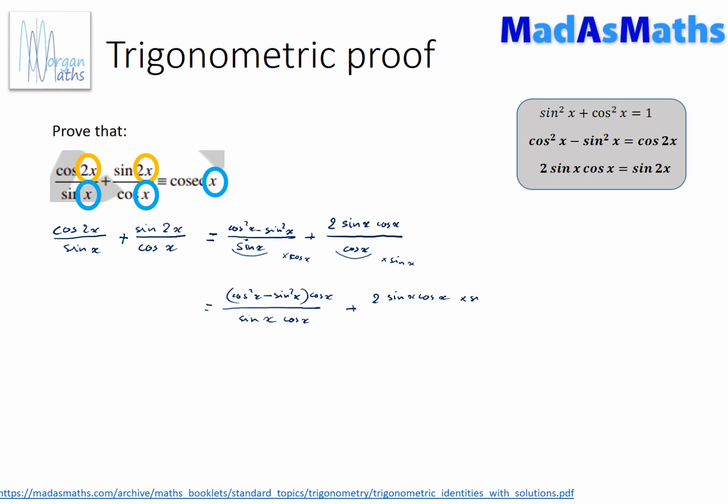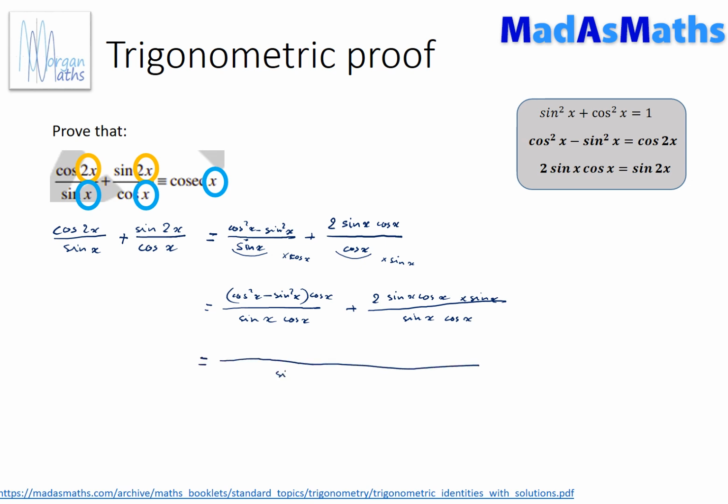And the second fraction, I'm going to have 2 sine x cos x needing to be multiplied by sine x, and all of that is going to be over sine x cos x.